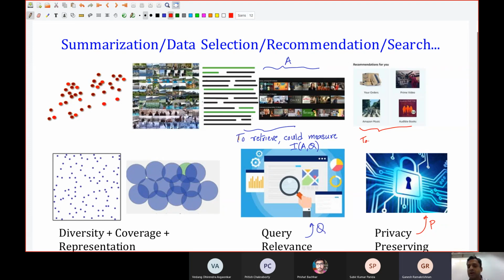So to retrieve, what would we measure? To measure something like the conditional gain of A given P.